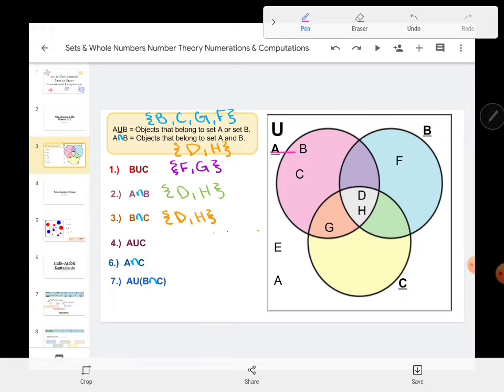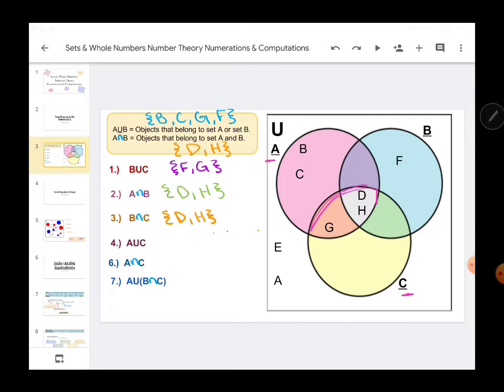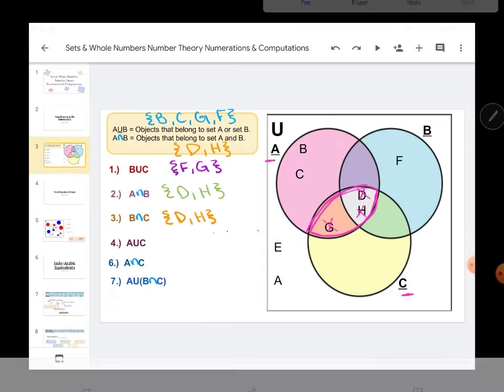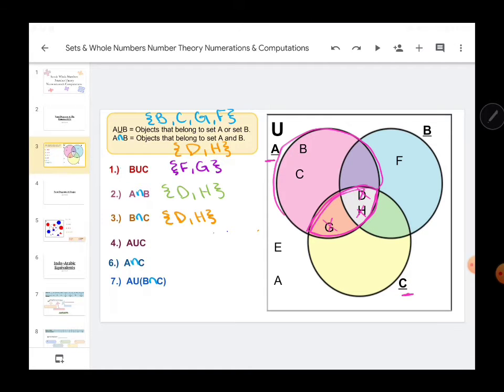We are going to look at circle A and circle C. And since we're looking at either or, we're not looking for the shared letters among the two. So all of the letters in our shared overlapping section will not be a part of our solution. Therefore, we'll look at circle A, and we actually have B and C, and we'll look at circle C, where we actually do not have anything. So our solution for this set is going to be B, C.